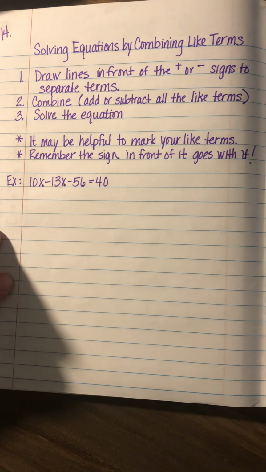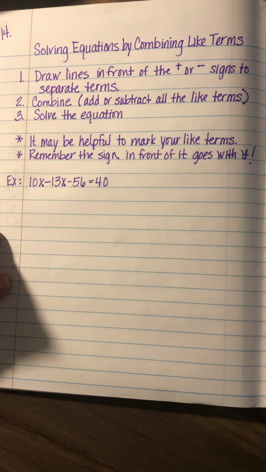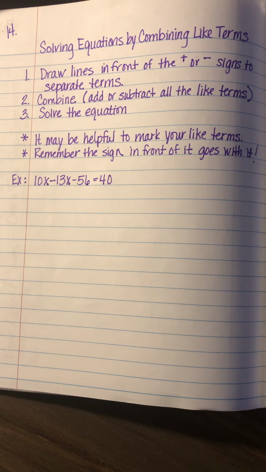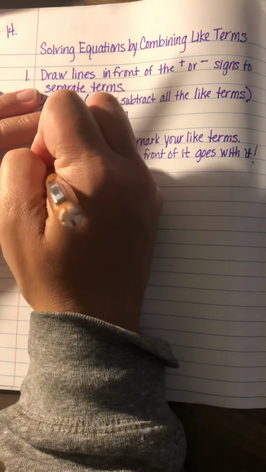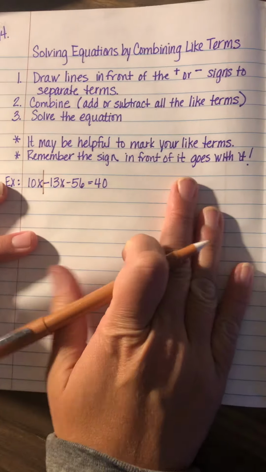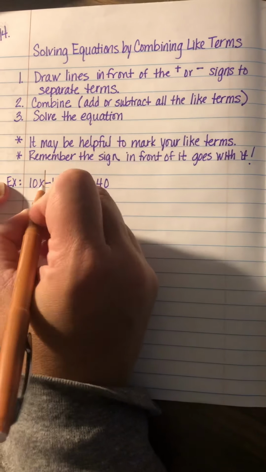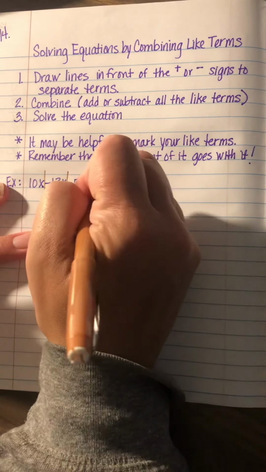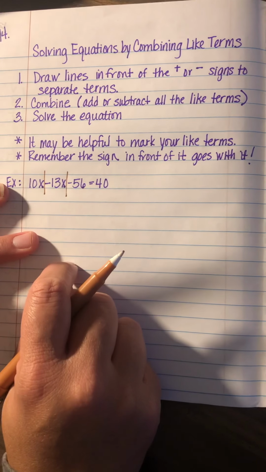So the first step is I'm going to draw lines to separate my terms. I'm going to grab another color here. Remember, you draw your lines in front of the plus or minus sign. So right in front of the subtraction sign, I'm going to draw a line. In front of this subtraction sign, I have another line.